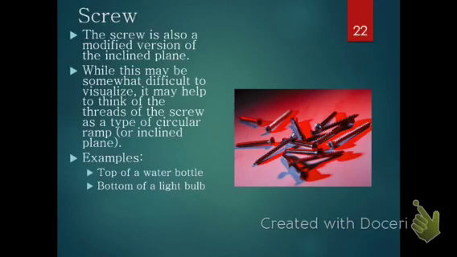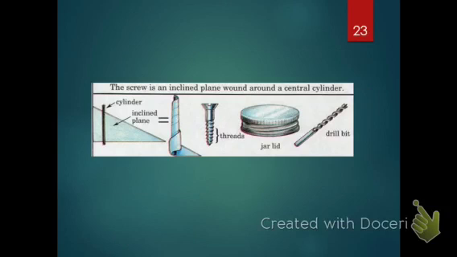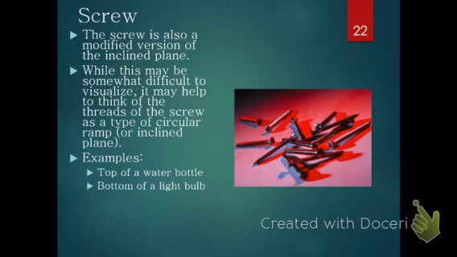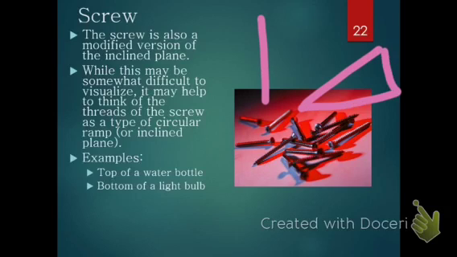And a screw is also a modified version of an inclined plane. You basically have a cylinder. Trying to get my drawing mode on. There we go. You basically have a cylinder, and then you take an inclined plane and you wrap it around this, and that's how you get the screw.